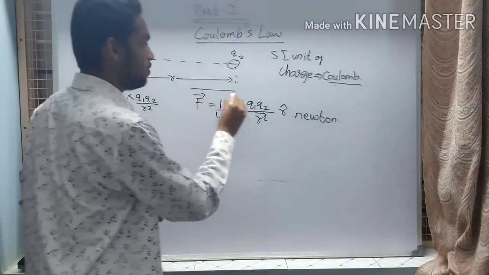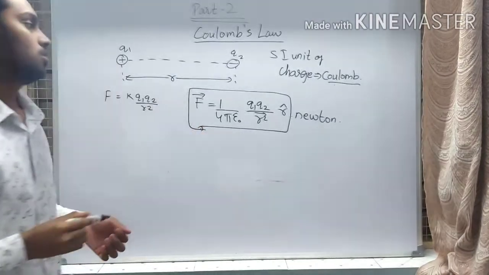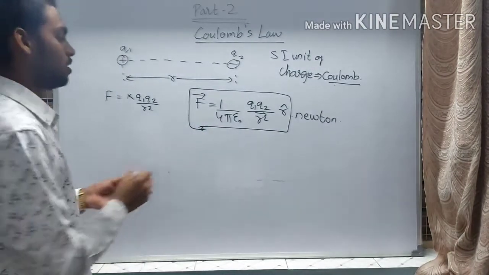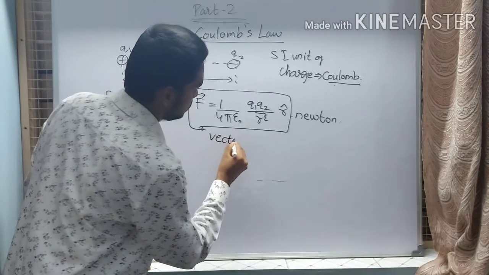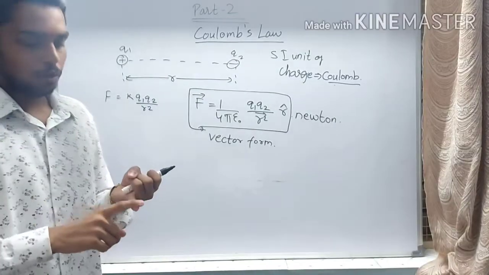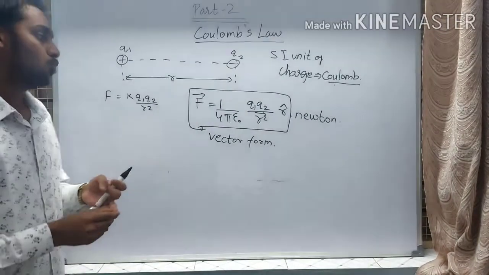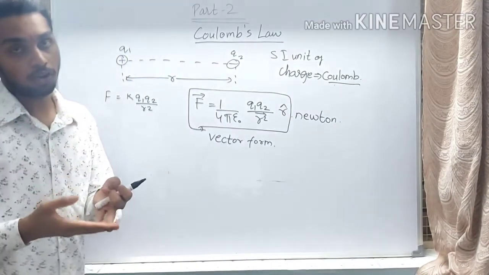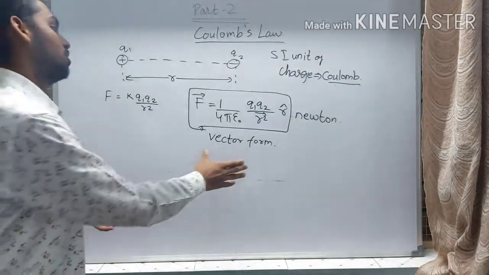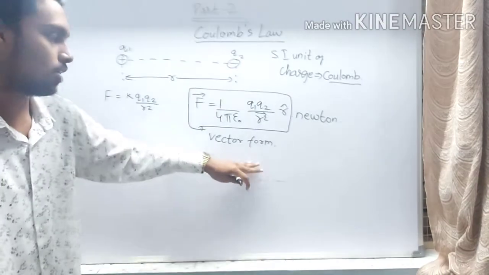So this is the vector form. Now we came to know about the SI unit of charge, that is Coulomb. Then we came to know about the SI unit of epsilon naught, and how to represent the force in vector form.